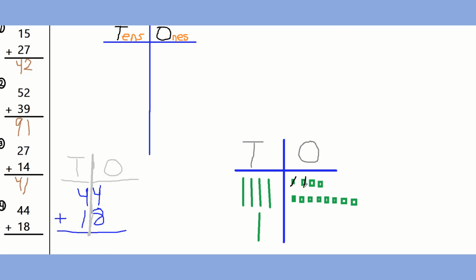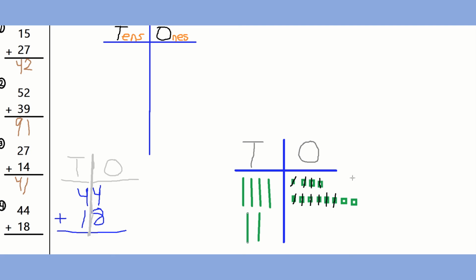You cross the 10 out, and don't forget, you need to add the 10 here. So all you're doing is moving that 10 over here.